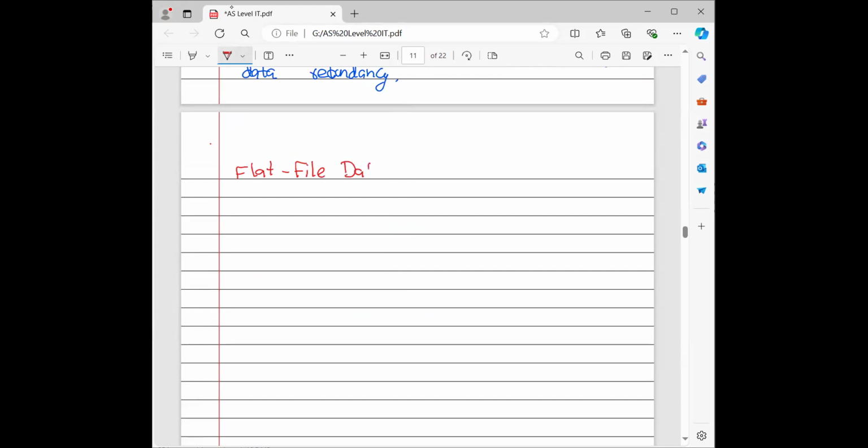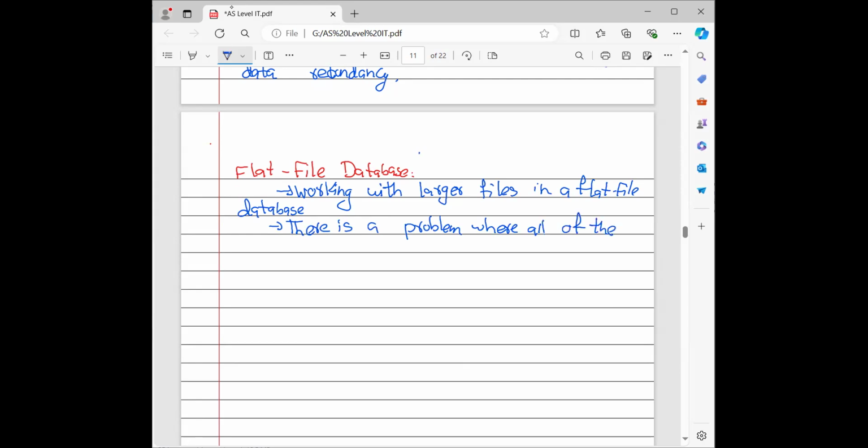If it is a flat file database, the problem is that when working with larger files in a flat file database, all of the data is in one table.